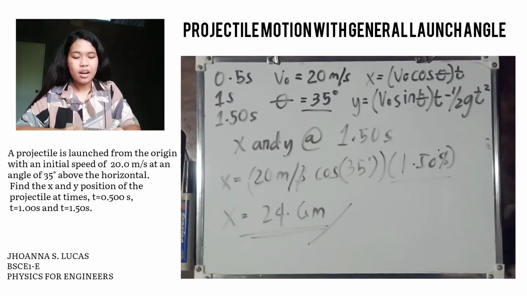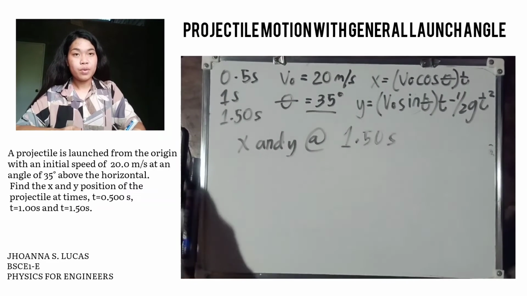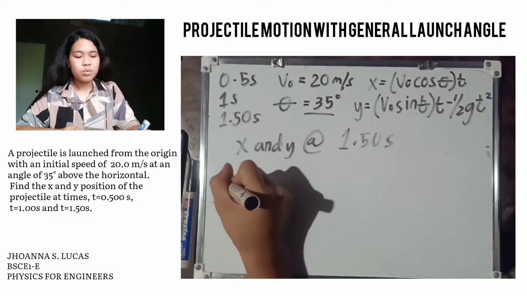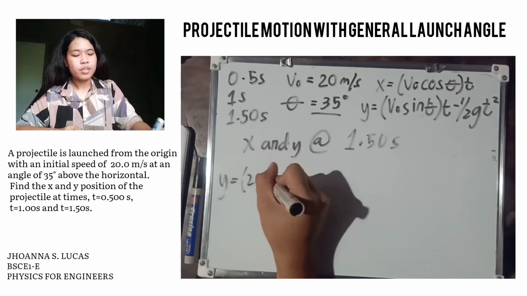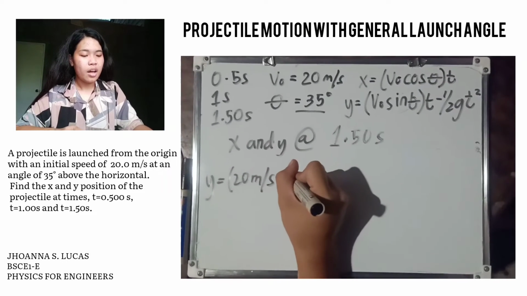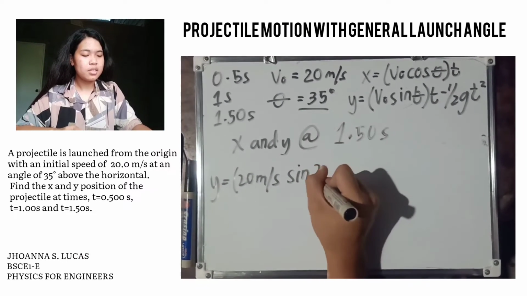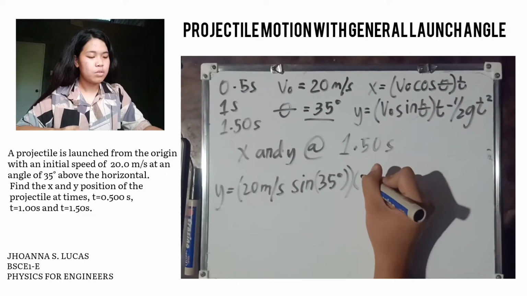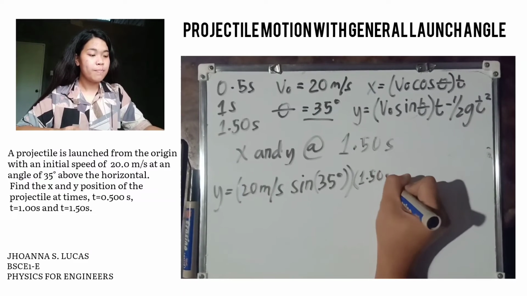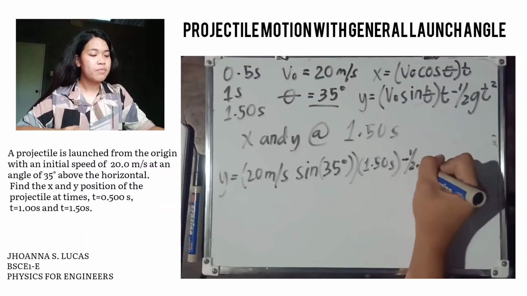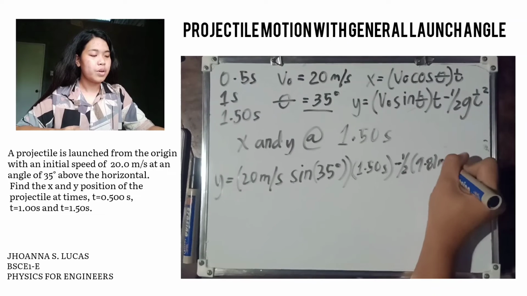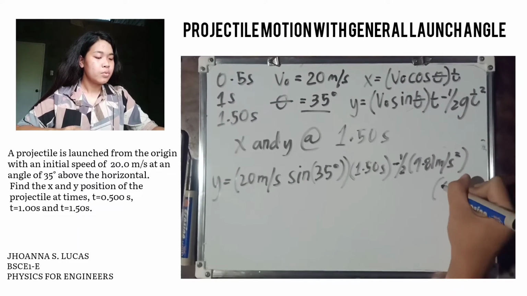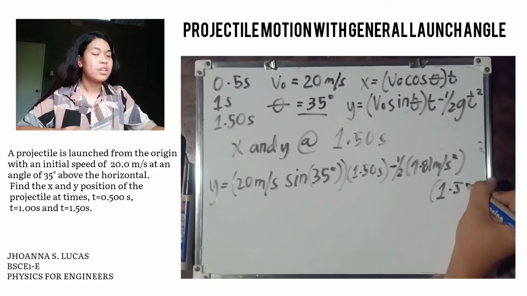And lastly, our y at 1.50 seconds, y is equal to initial velocity, which is 20 meters per second, times sine theta, which is 35 degrees, times time, which is 1.50 seconds, minus 1/2 times gravity, 9.81 meters per second squared, times our time, which is 1.50 seconds squared.